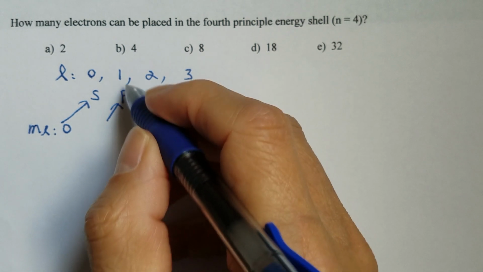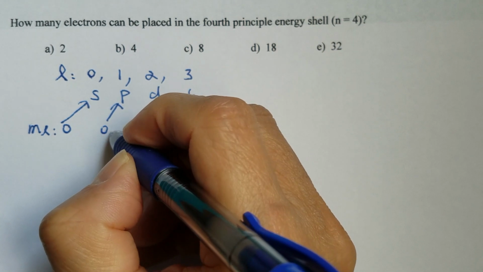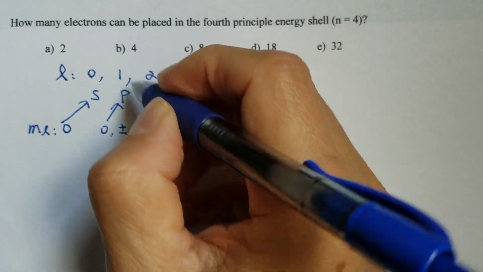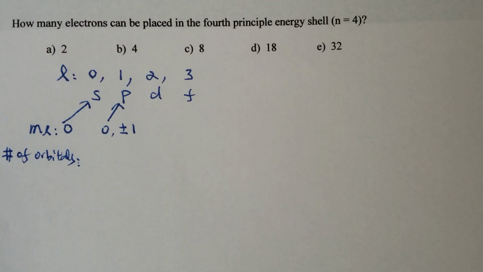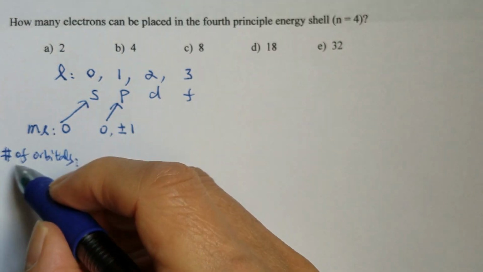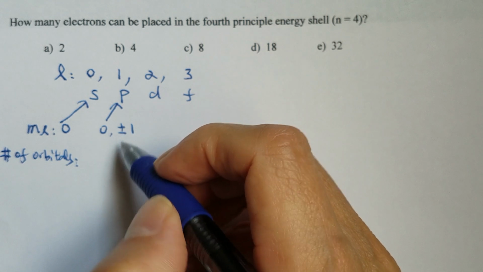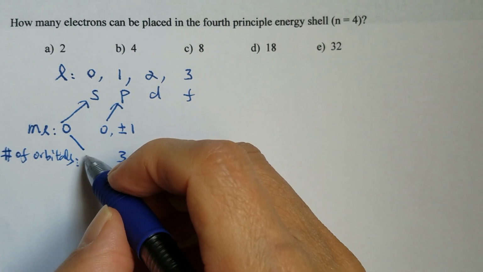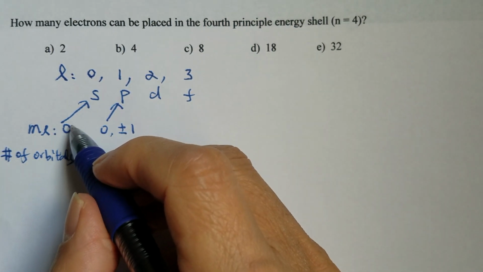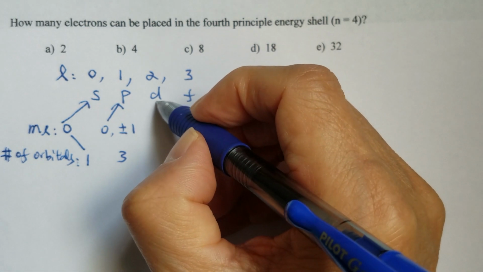Now for p subshell, L equals 1, ML should be 0, plus minus 1. So therefore, the number of orbitals for p subshell, that's 0, plus 1, minus 1, that's 3. And for the s subshell, that should be 1, because there's only 1 ML value. Let's do d.